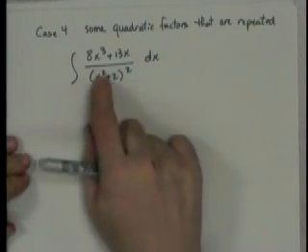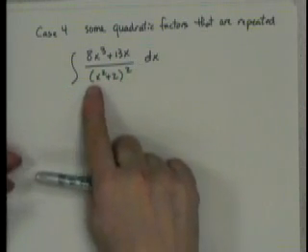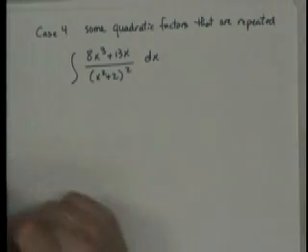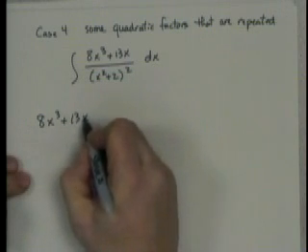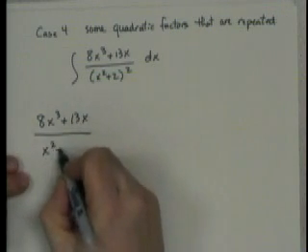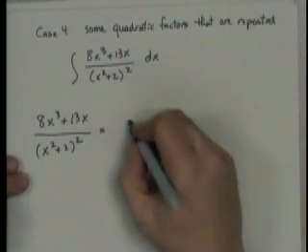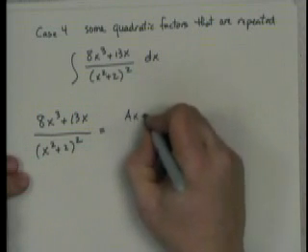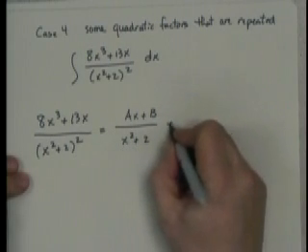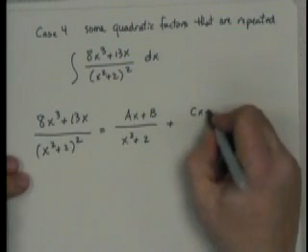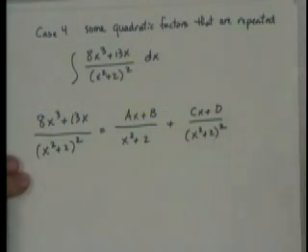This is a quadratic term because it's x squared plus 2, the plus means it's not reducible, and it's squared. So when I try to rewrite this one, you're going to have one set of linear terms, the ax plus b over x squared plus 2, and then another set of linear terms over that quadratic squared.